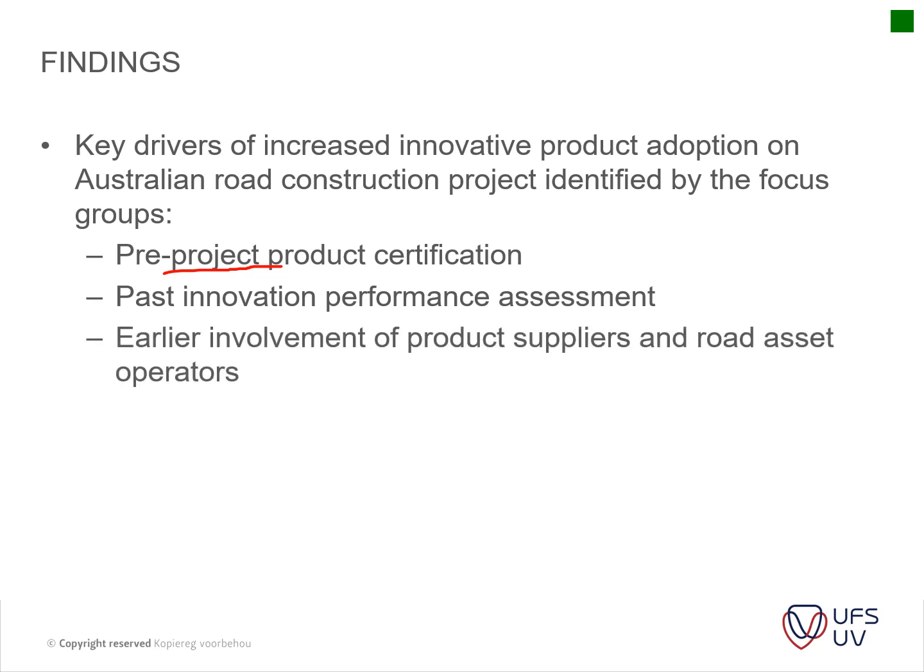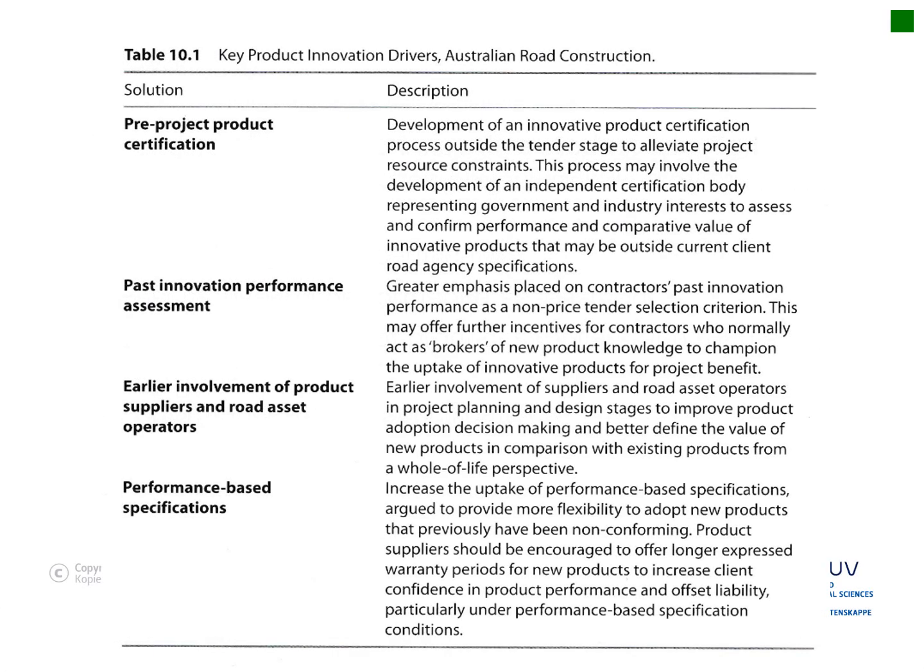And an earlier involvement of product suppliers and road asset operators. I think in our industry, for buildings, the contractor involvement is extremely important. And then performance-based specifications, that is now clear items of gauging and evaluating the quality of work.